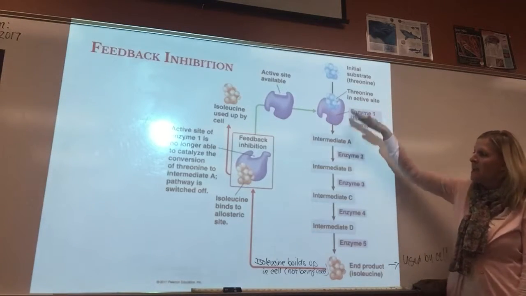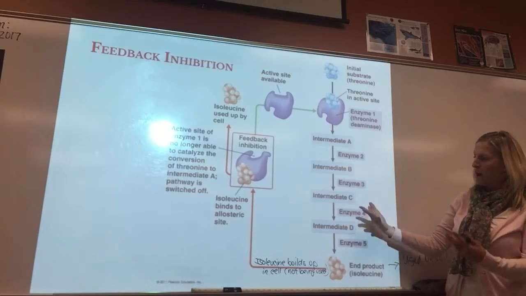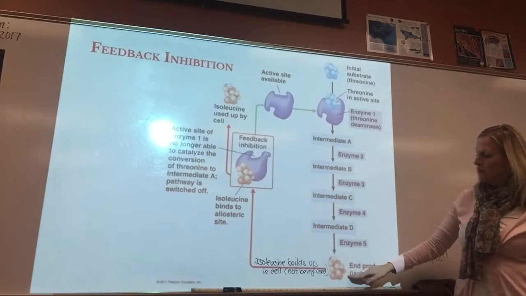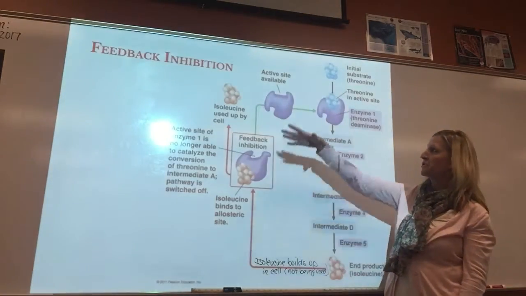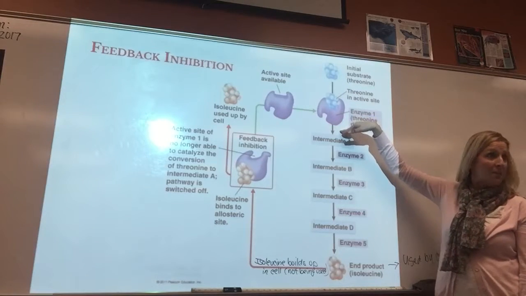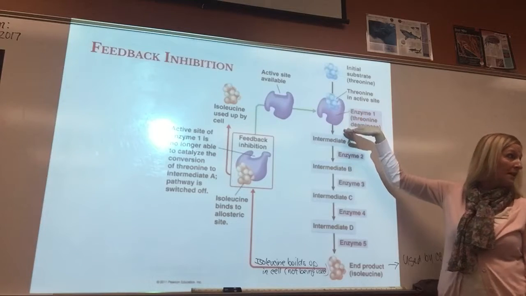The same thing with this is that if you go halfway through and don't get your end product, all of that was wasteful. And so if you don't need your end product, it's more efficient for the cell to never have this pathway happen to begin with. So at the first step, you don't even start making the meal if there's nobody to eat it.